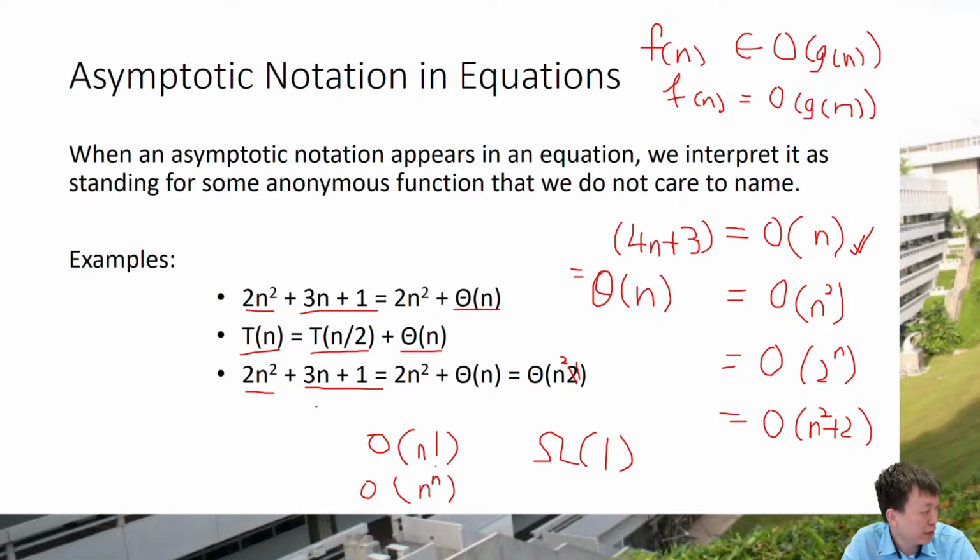As I said, people only concern about the order of growth. You express this in asymptotic notation to show them the order of growth.